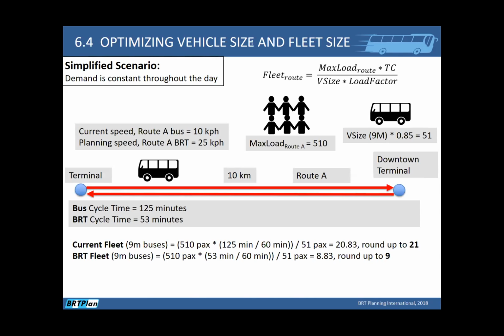So that's going to give you the estimated amount of your fleet. If your cycle time is very long, the bus has to go a very long way. It's not going to be able to return to pick up additional passengers. So the maximum load has to be multiplied by the cycle time.